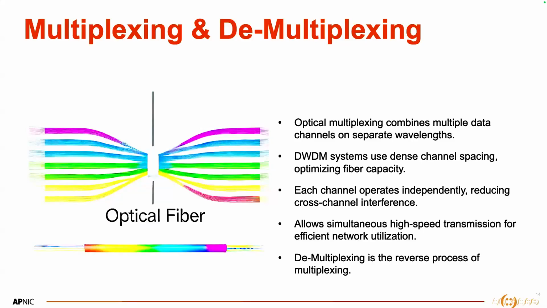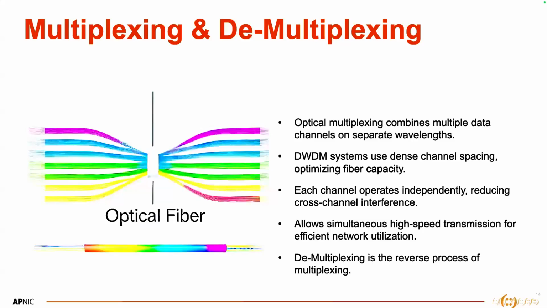At the receiving end, there is a demux, or demultiplex module, which reads the single signal, decouples all the different wavelengths from it, and delivers them to different destinations. So this is the idea of doing multiplexing and demultiplexing.